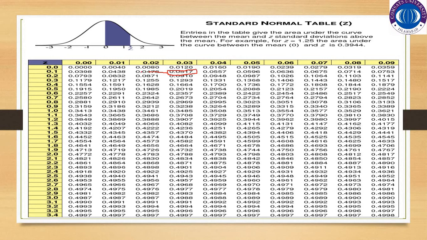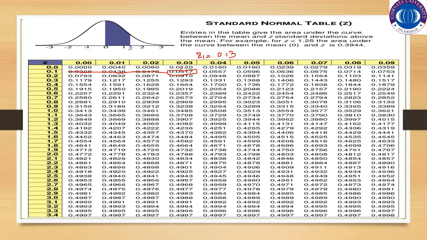If we go in this way, this is 0.1 and in this way this is 0.03. So the value of Z1 will be 0.13.